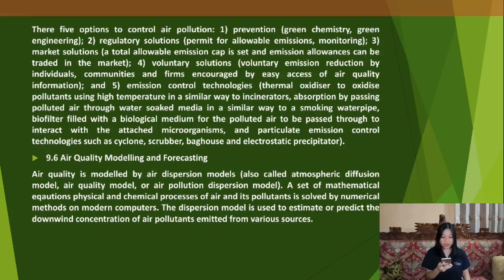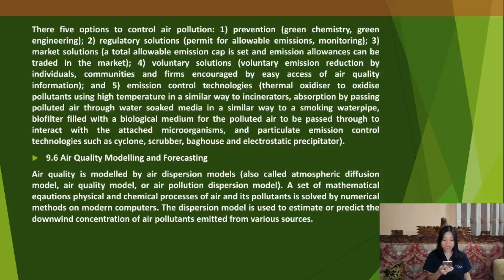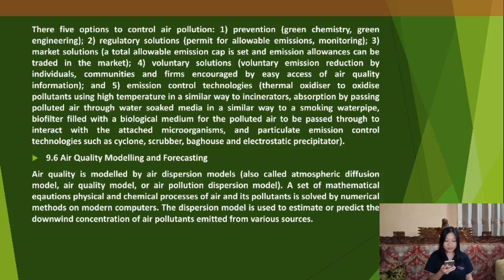There are 5 options to control air pollution. 1. Prevention, green chemistry, green engineering. 2. Regulatory solution, permit for allowable emission monitoring. 3. Market solution, a total allowable emission cap is set and emission allowances can be traded in the market. 4.